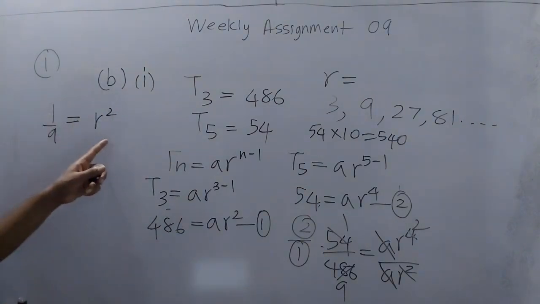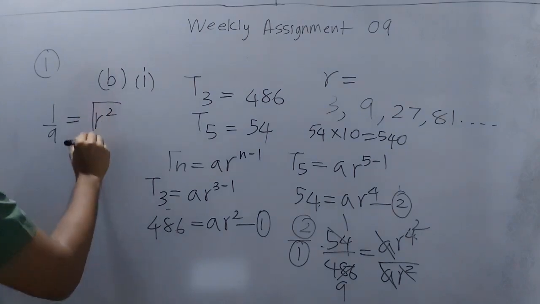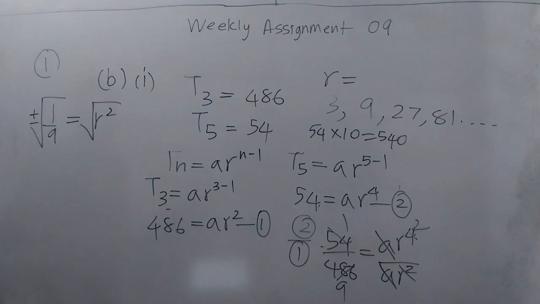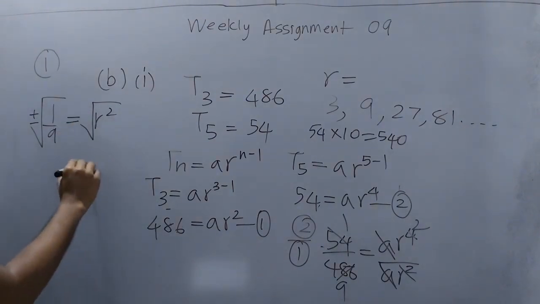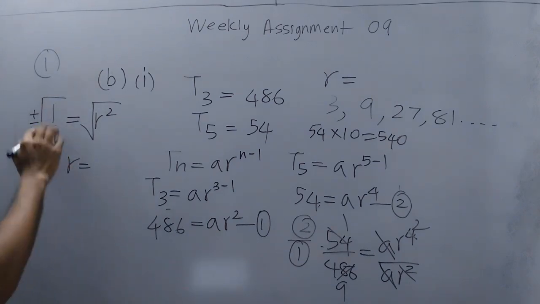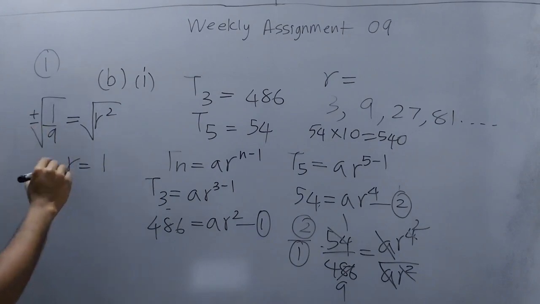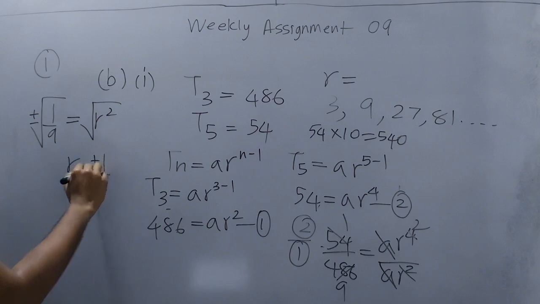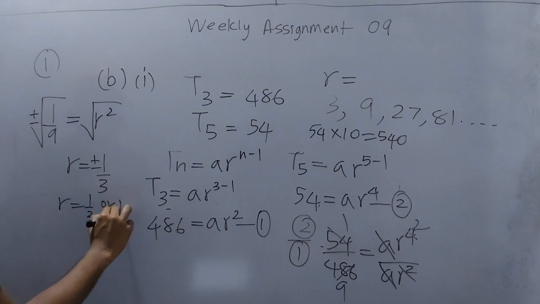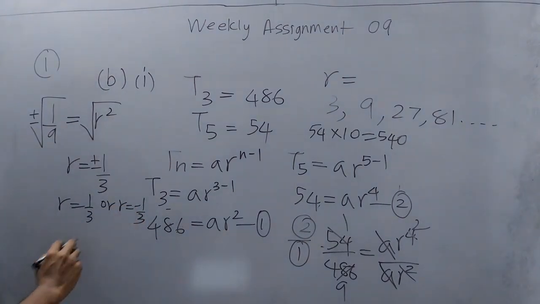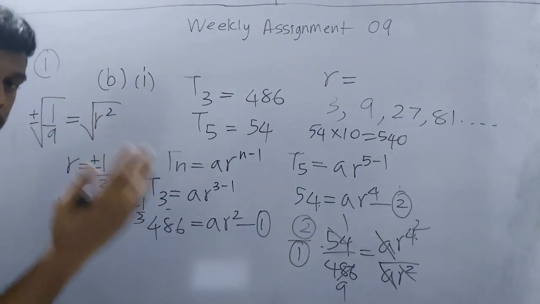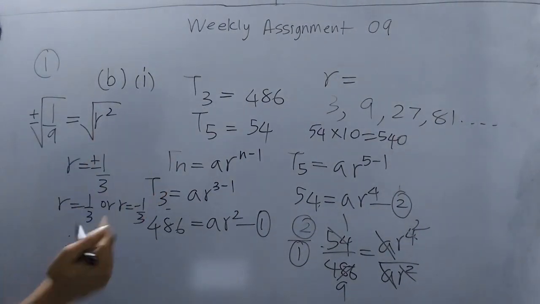Then you need to find the value of r. What you are going to do is take the square root on both sides. When you take the square root, plus or minus will come. So here r will be equal to, you can apply the square root separately to 1 and 9. Square root of 1 is equal to 1, square root of 9 is equal to 3. So you get two values for r. r is equal to plus 1 over 3, or r is equal to minus 1 over 3. Then you can write that since there are two values for r, there will be two geometric progressions, because you have two values for the common ratio.